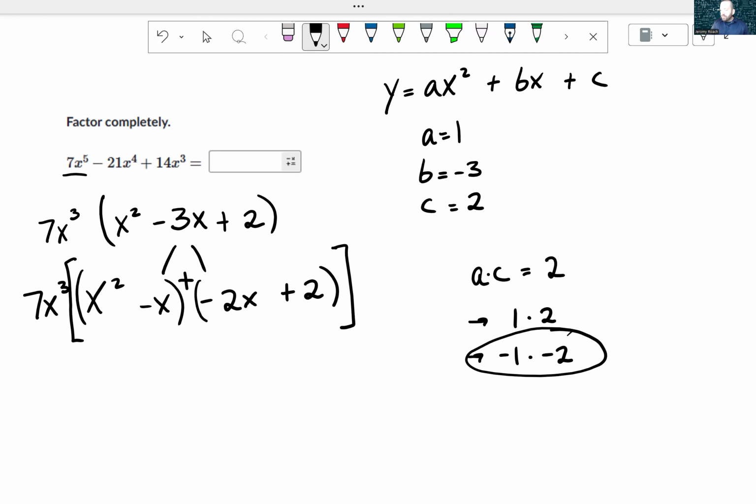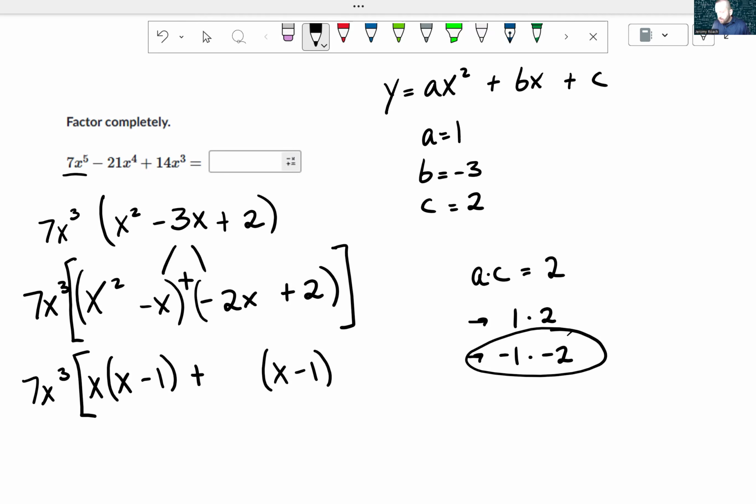Now we find the greatest common factor from this group and then from this group as well. So we write 7x cubed, and this is now x is our greatest common factor here, and we're left with x minus 1. And I'm going to write a plus here for now, and we're also going to write x minus 1 because these have to match.